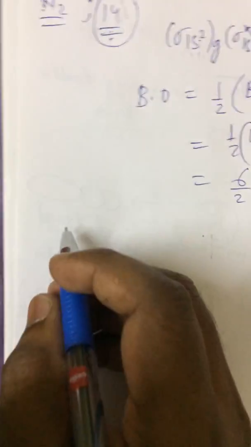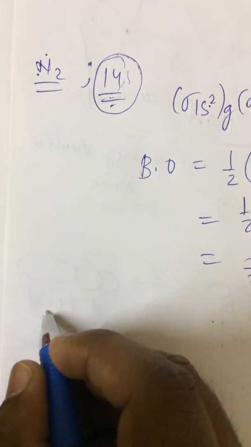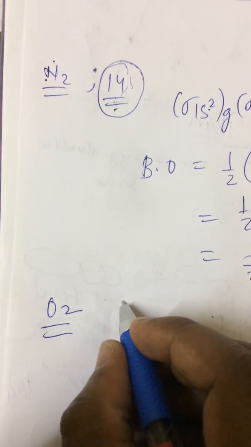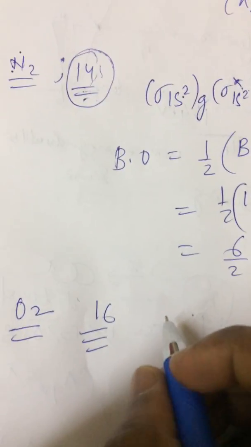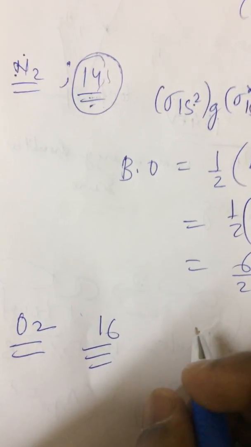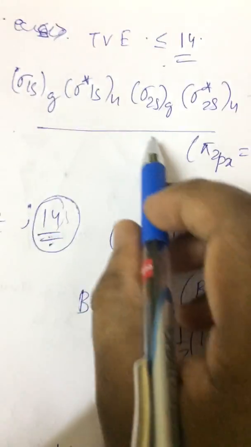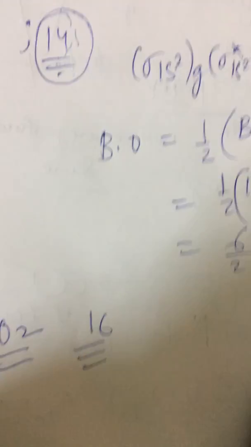Now I am giving an example of more than 14 electrons. If you take the oxygen molecule, the total number of electrons is larger, more than 14, so we apply a different formula. What will be the filling of electrons here?